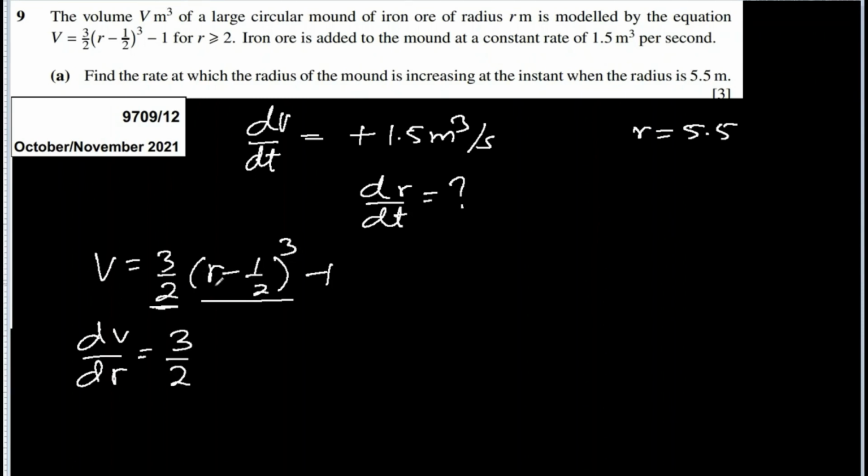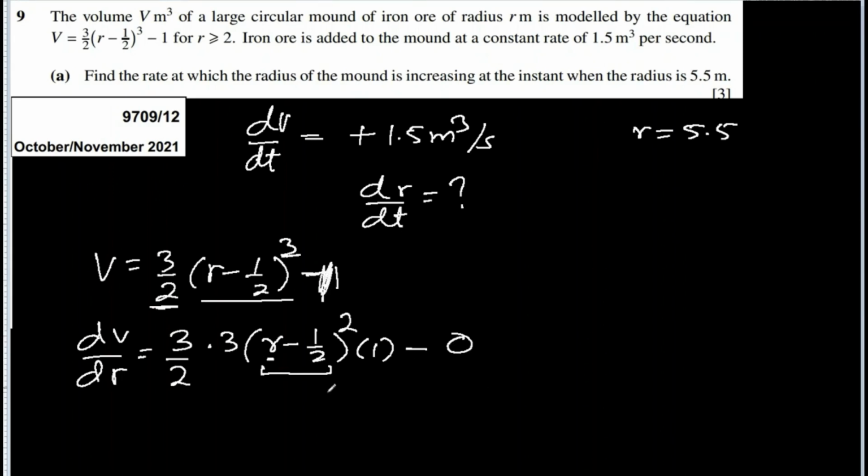And in this power of a function, if we want to differentiate, this 3 comes in front and the content of the bracket remains same, but the exponent goes down by 1. So it is remaining 2 now. Further, we multiply by the differentiation of the contents of the bracket, which will be 1. Differentiation of r is 1 and differentiation of minus half will be 0. So just multiply by 1. And after that we have minus 1 as well. So minus 1, its differentiation will be separate from the rest of it, which is 0 again. It's a constant, minus 1.